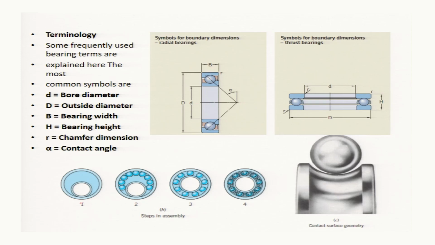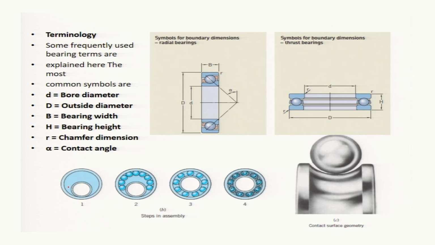Now, this figure shows you how the balls and rollers are assembled inside the space of the inner race and the outer race. First of all, the inner race is made to rest at the bottom of the outer race. Then there will be more space at the top.